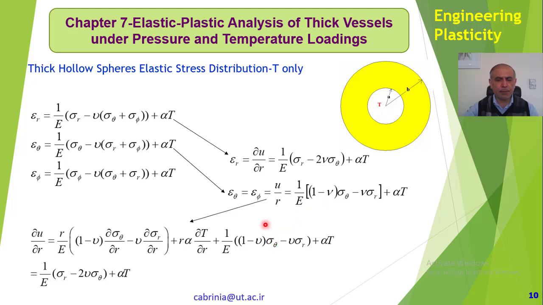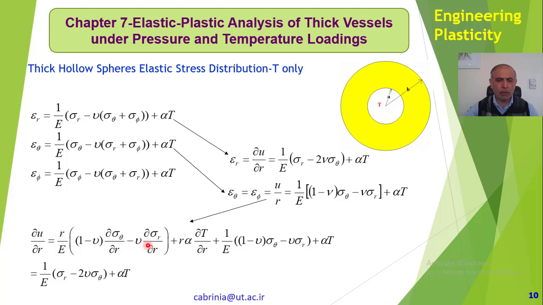And then from here, we could take partial differentiation, partial of U to partial of R, and multiply R by this. So first multiply R by this equation, and you get U equal to R times 1 over E, etc. And then take the partial of U to partial of R. So you get this relationship from here.